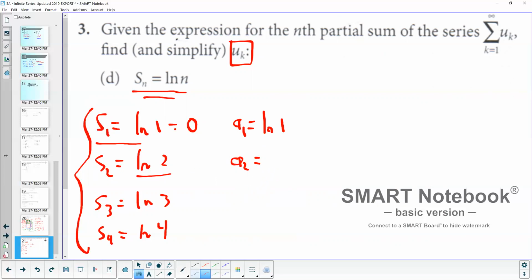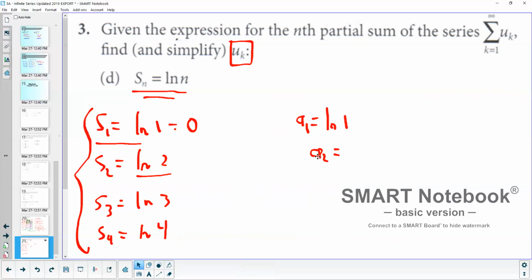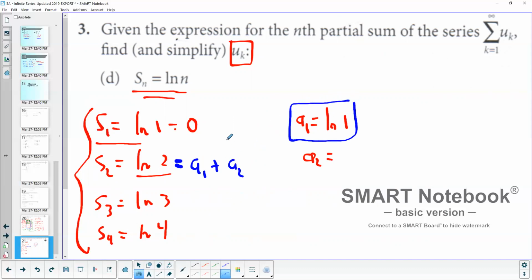And so before I do that, I want to slide this over, to look at how we actually find the second partial sum. So the second partial sum is the sum of the first 2 terms in the series. And so I already know that the first term in the series is the natural log of 1.